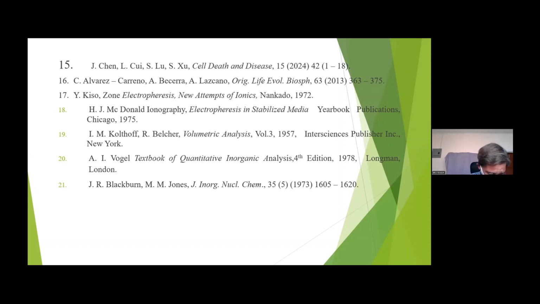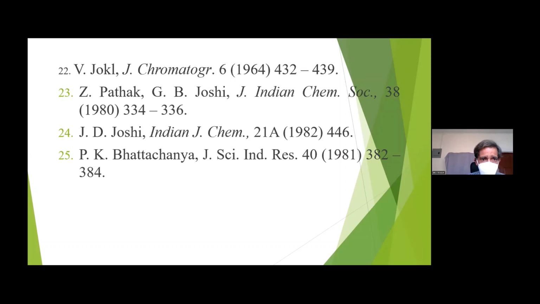Number 21, Blackburn and Jones, Journal of Inorganic and Nuclear Chemistry 1970. Jokal, Journal of Chromatography 1964. Pathak and Joshi, Journal of the Indian Chemical Society 1980. Number 24, Joshi, Indian Journal of Chemistry 1982. Bhattacharya, Journal of Scientific and Industrial Research 1981.